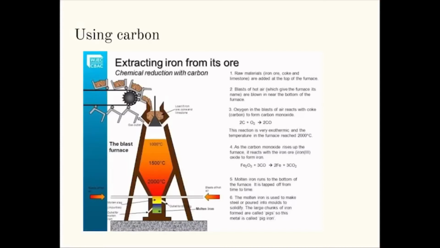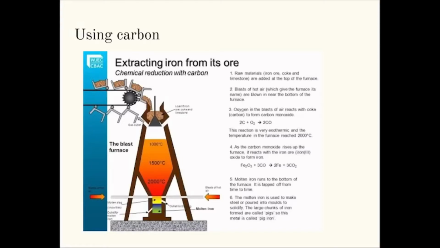Raw materials are added at the top of the furnace, which is the brown thing, and blasts of hot air are blown near the bottom of the furnace. Oxygen in the blasts of air reacts with coke to form carbon monoxide. This reaction is very exothermic, and the temperature in the furnace reaches 2000 degrees Celsius.